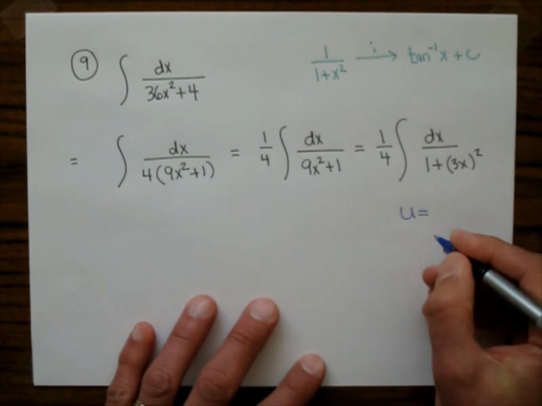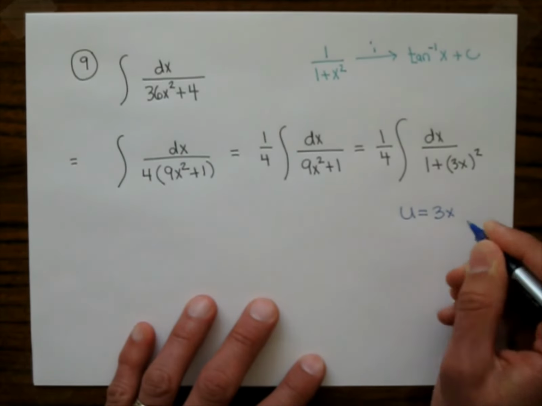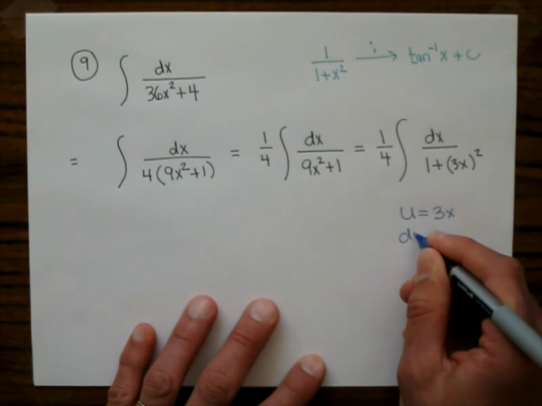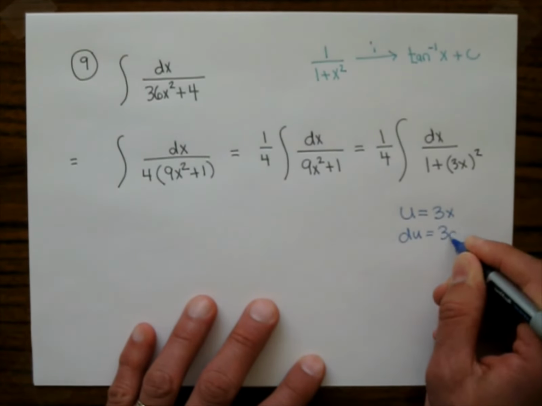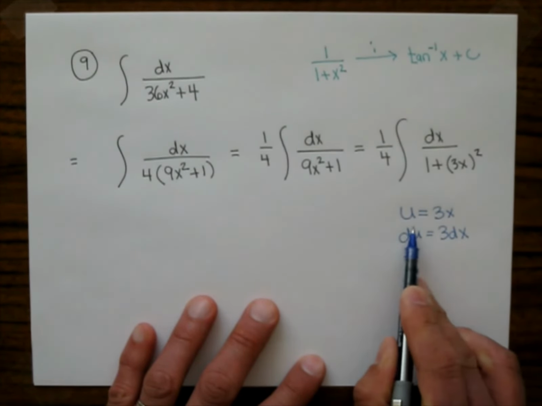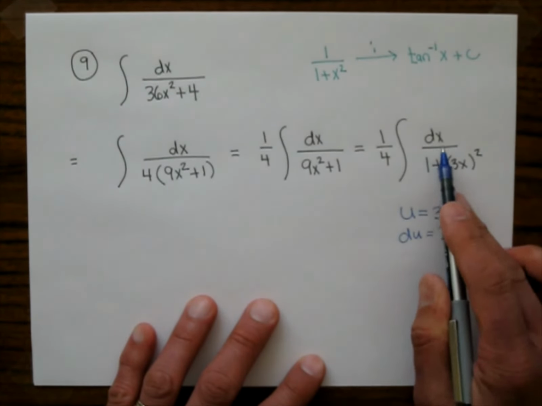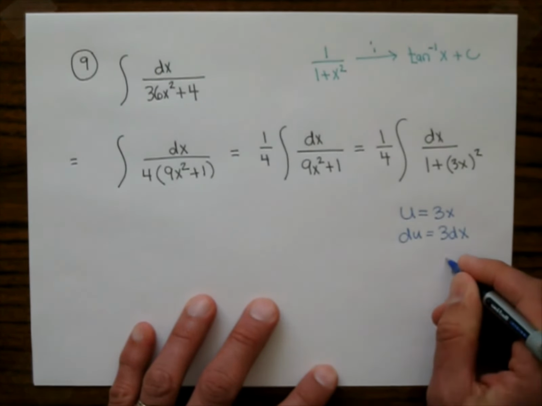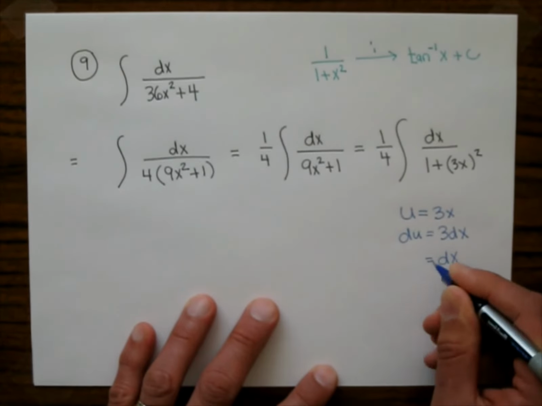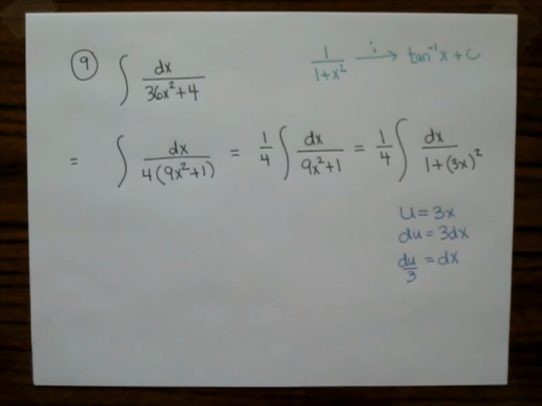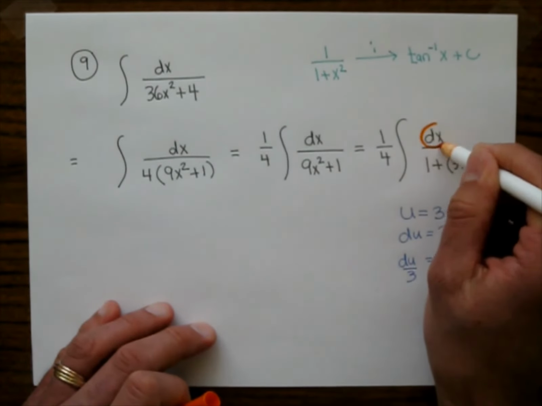Okay, u is 3x. And then this would tell you that du is 3dx. If you put u in for 3x, you will have the 1 over 1 plus x squared. I mean, there's the dx there. So dx equals du over 3. That's the one we've been circling in orange.